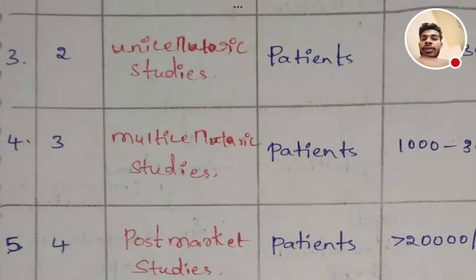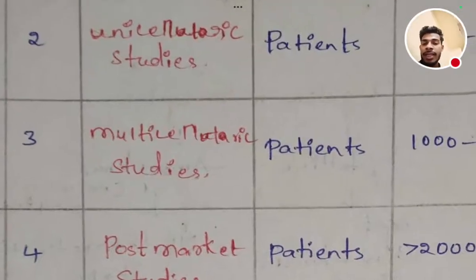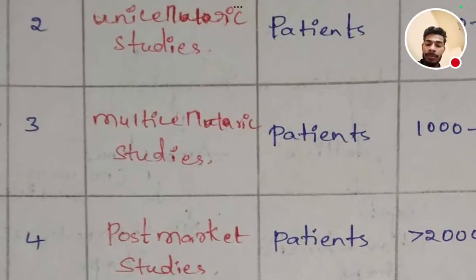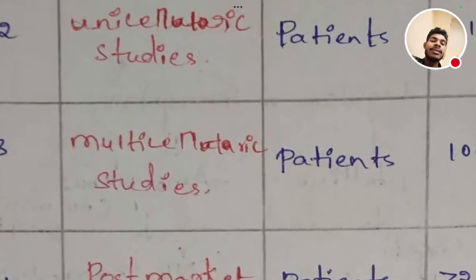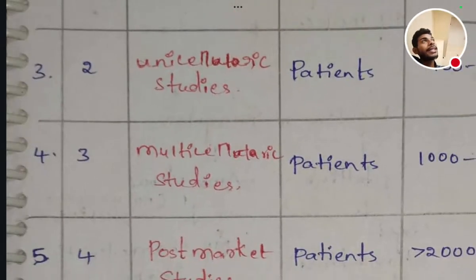Phase 2 is called unicentric studies, phase 3 is called multicentric studies, phase 4 is called post-market studies. Unicentric studies means it will be done in a specific small area on specific patients. But phase 3 is multicentric, and it will be done over a wide area in different cities.